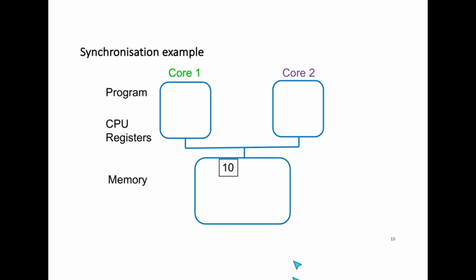Okay, so hopefully this example will make it a little bit clearer what's going on here. Now I'm really looking at the hardware level. We have 2 cores here, and I'm going to show you some pseudo assembly code which they're executing, and the CPU registers where they're going to store values. I think these are connected to memory.